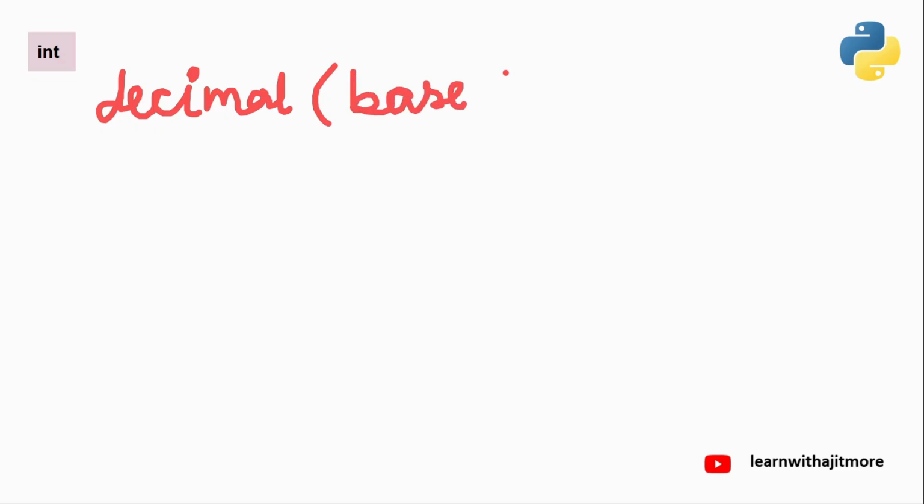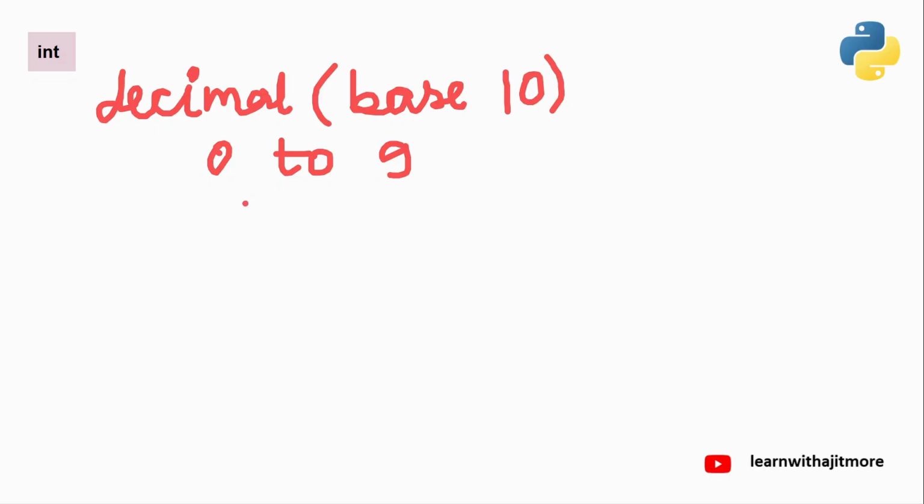When I say base 10, in this number system only 10 digits are there, 0 to 9. Total 10 digits, and you have to form the number from these 10 digits only.